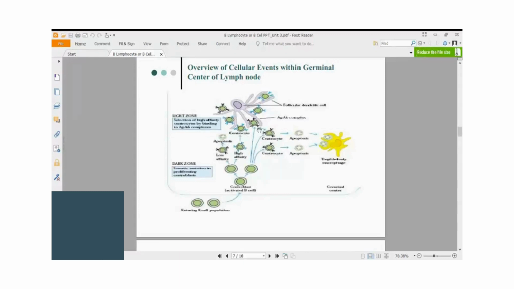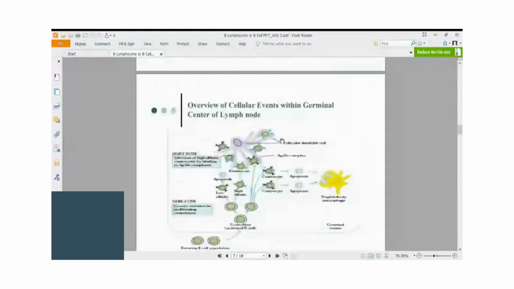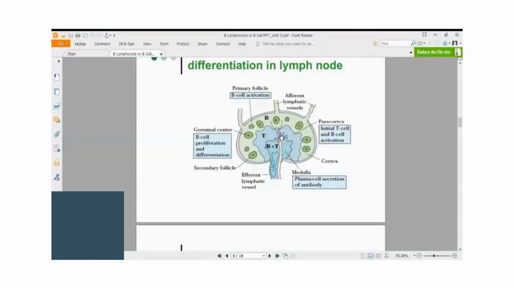the centrocytes that come in contact with the antigen that is being exposed on the surface of follicular dendritic cells, with antigen antibody complex on them, if they do not show high affinity interaction with that antigen, then they are also supposed to undergo apoptosis. All this process of apoptosis is taking place in this light zone area of the paracortex.